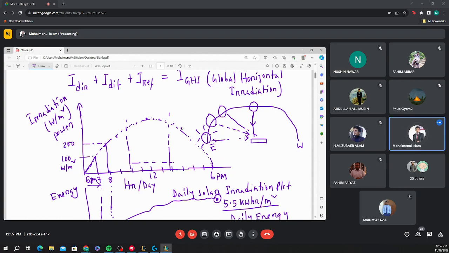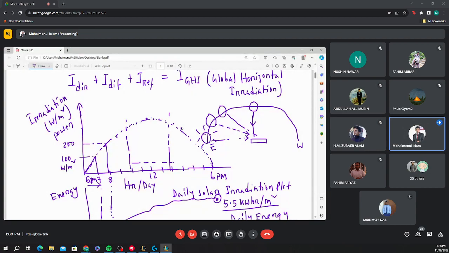So if we have a solar power plant, in this region, the power plant will get the maximum amount of energy. It can harness the maximum amount of solar energy, okay?